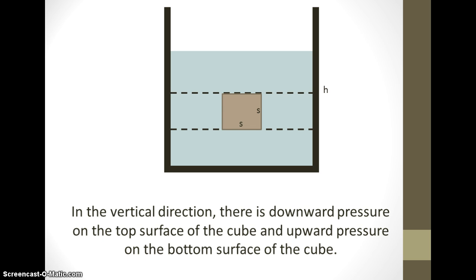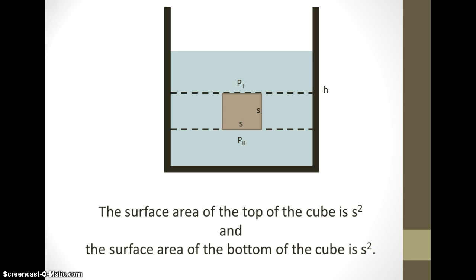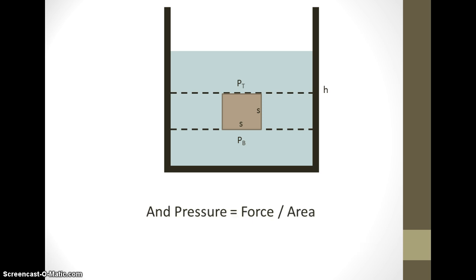In the vertical direction we have a downward pressure on the top surface of the cube and an upward pressure on the bottom surface of the cube. We're going to call those PT and PB for pressure at the top and pressure at the bottom. We know that the surface area at the top and the surface area at the bottom of the cube is s squared. And we also remember that pressure equals force divided by area.